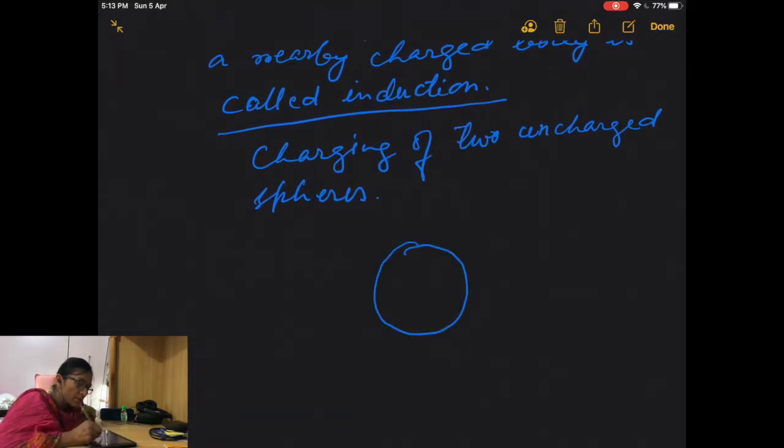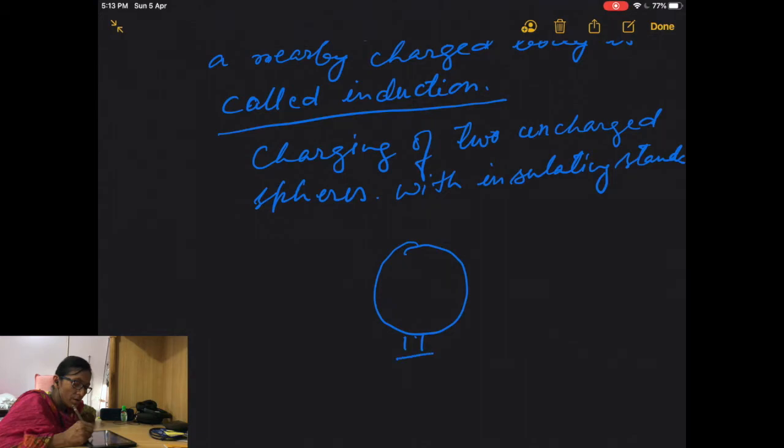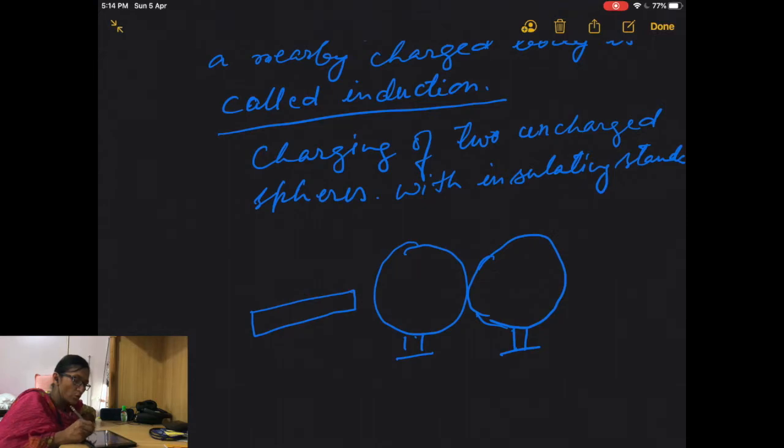The two uncharged spheres with insulating stands are kept in touch side by side, and a charged body is brought close to one of the spheres.